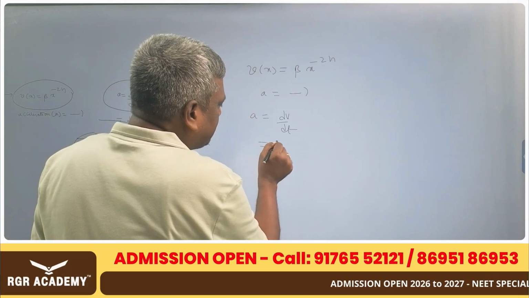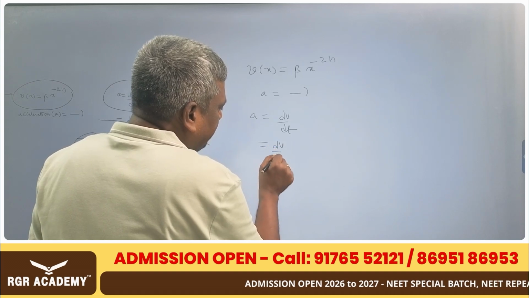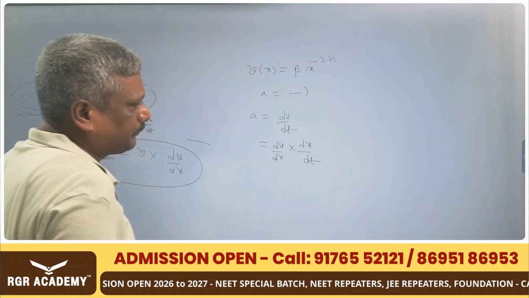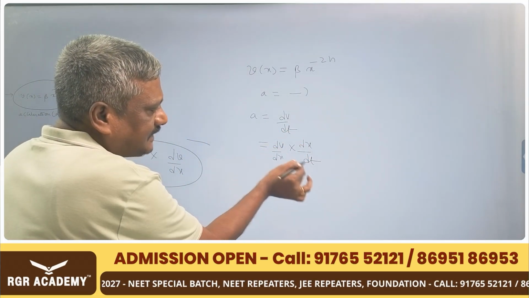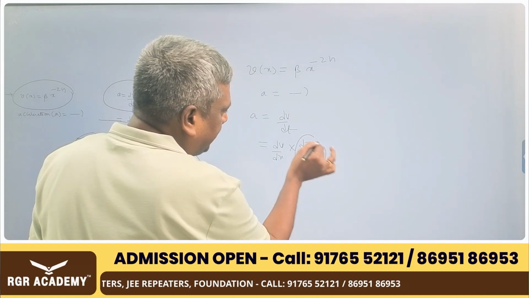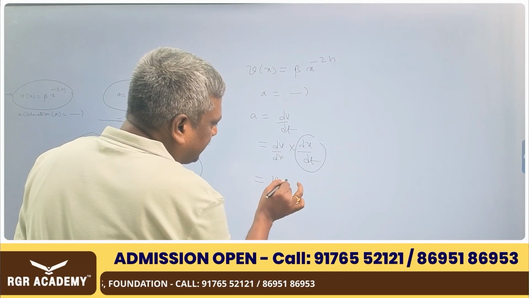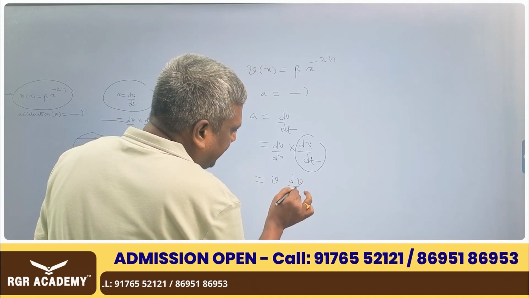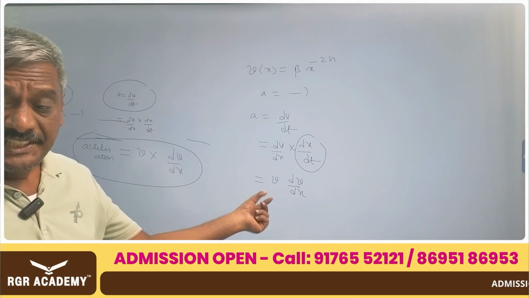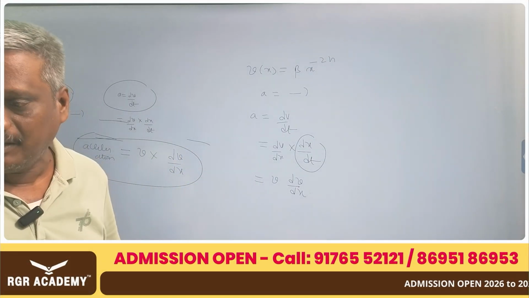Further, you can adjust like this. That is dv by dx into dx by dt. Dx gets cancelled, you got the same thing. But dx by dt is nothing but what? Velocity. So you can write v into dv by dx. Now acceleration is a function of distance, you got it now.